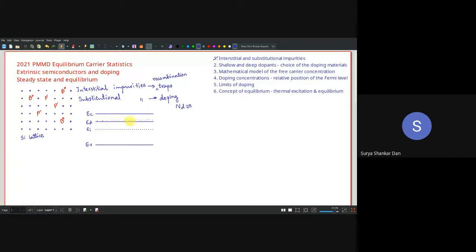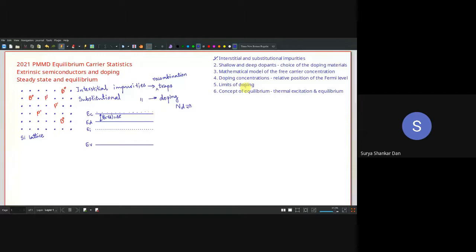Now these extra electrons will ionize if and only if, somehow or the other, this material gets this much amount of energy, which is basically EC minus ED. Let us call it delta E. This delta E energy we need to have such that all these electrons will go to the conduction band.